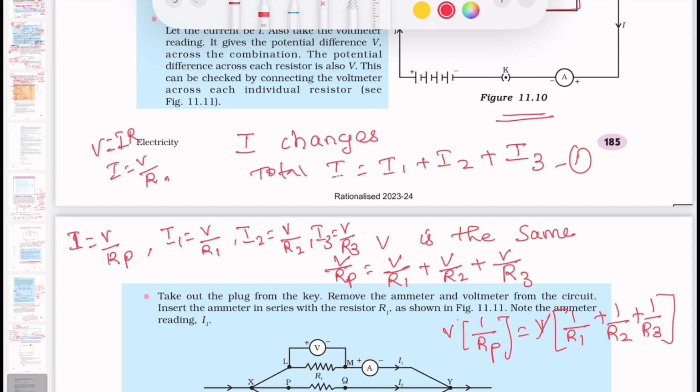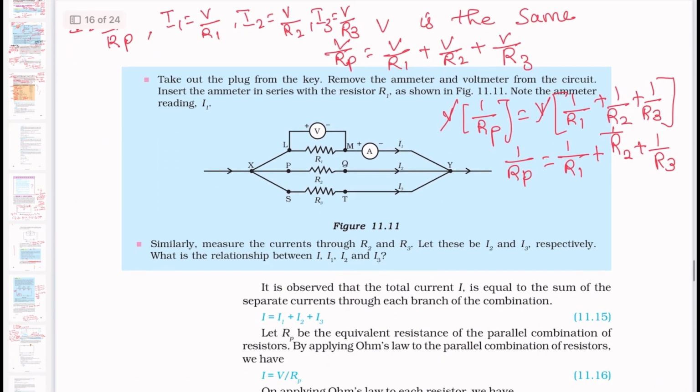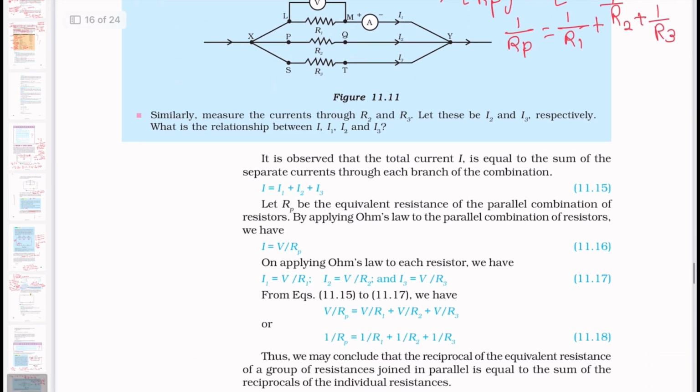So V gets cancelled. My final formula will be 1 by the total resistance is equal to the sum of the reciprocals of the individual resistances. So this is how I find the resistance in a parallel circuit.